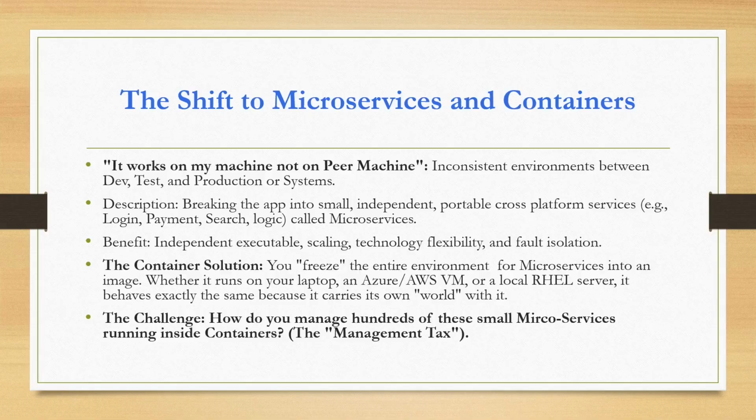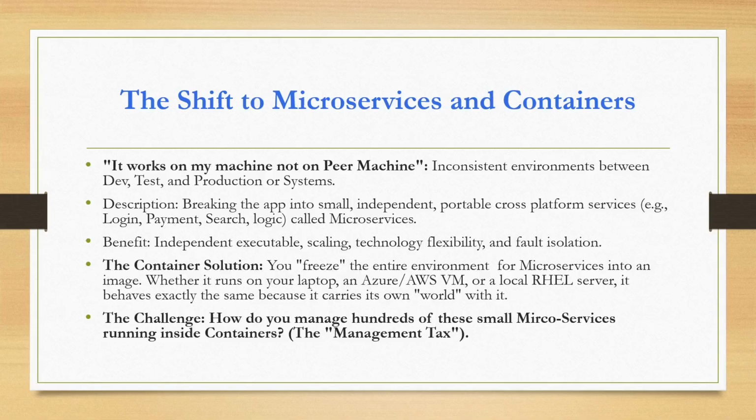Now, what major challenge comes up? We have already made a big application into multiple small, independent, portable, cross-platform microservices, and we are going to deploy most of them inside containers.